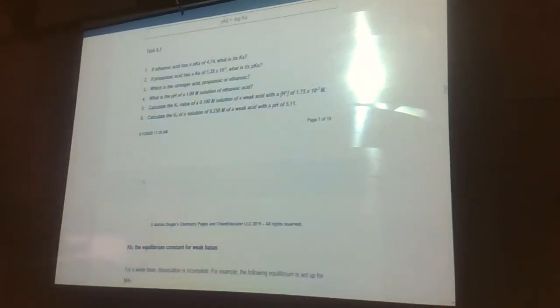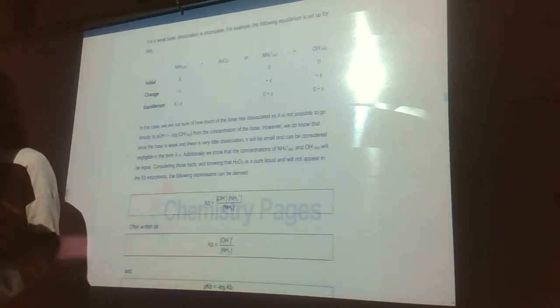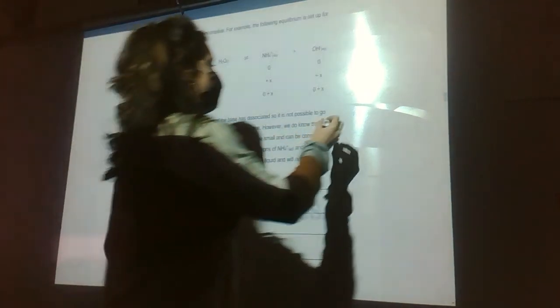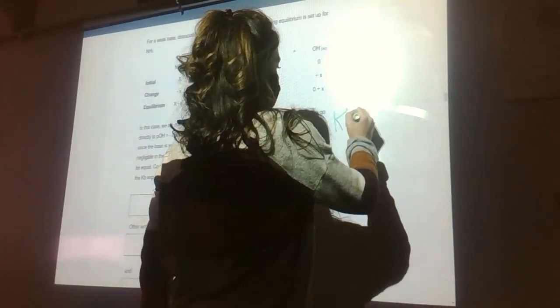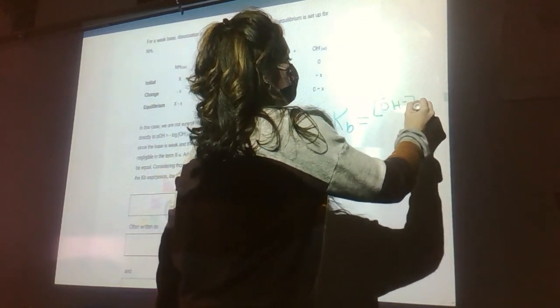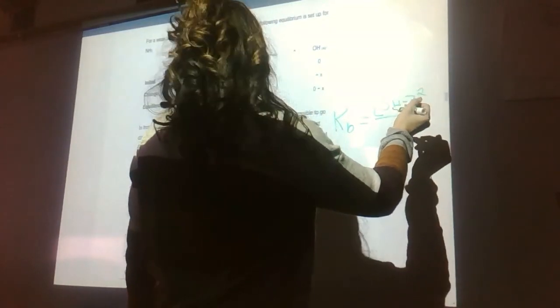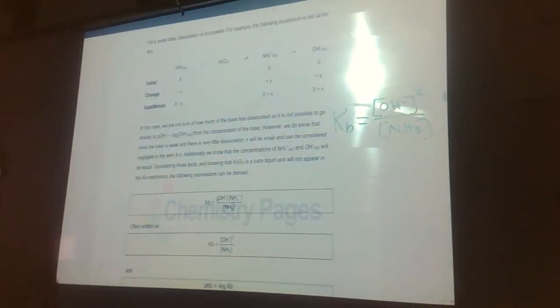Okay. The next thing is weak bases. We treat weak bases the exact same way we treat weak acids, except we have a Kb instead of a Ka. No surprise there. And instead of hydronium squared, it's hydroxide squared. And truly, the only weak base we talk about is ammonia, NH3.